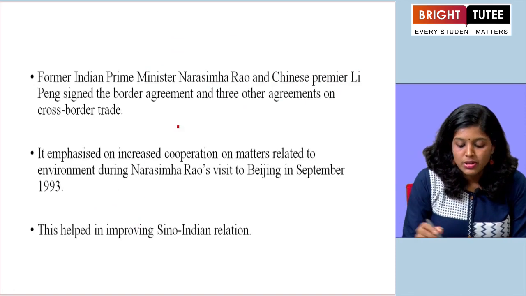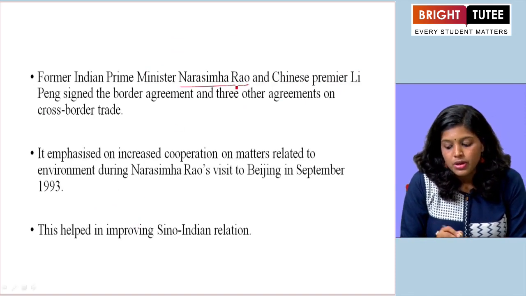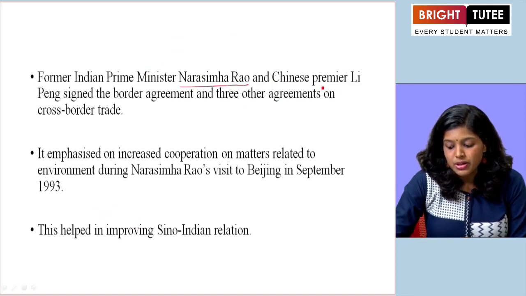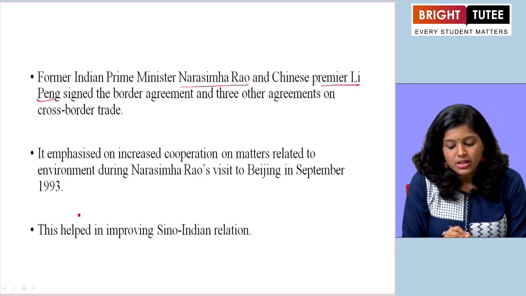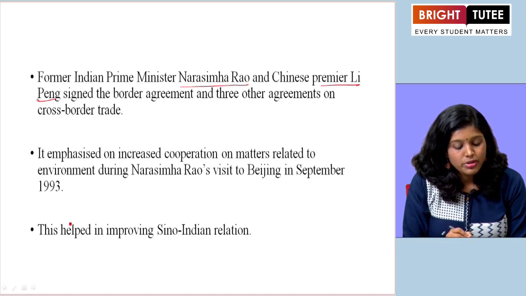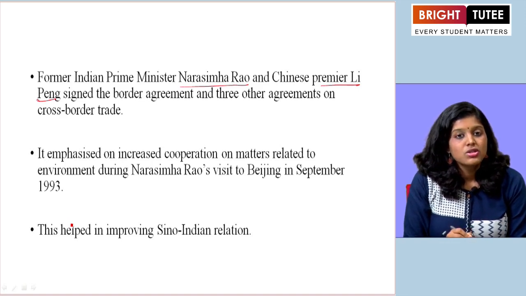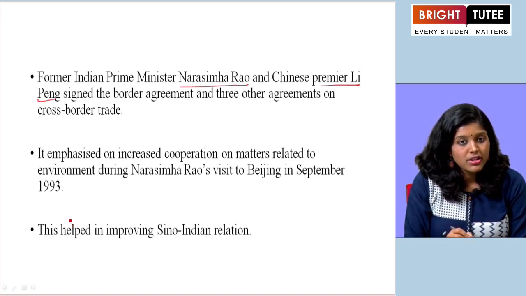Former Indian Prime Minister Narasimha Rao and Chinese Premier Li Peng signed the border agreement and 3 other agreements on cross-border trade.